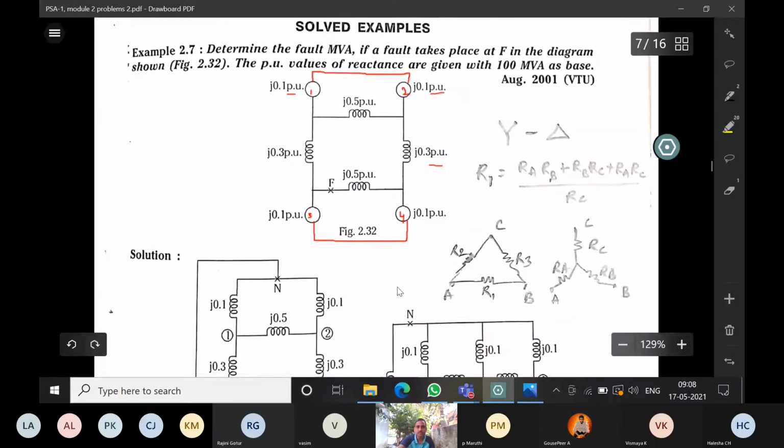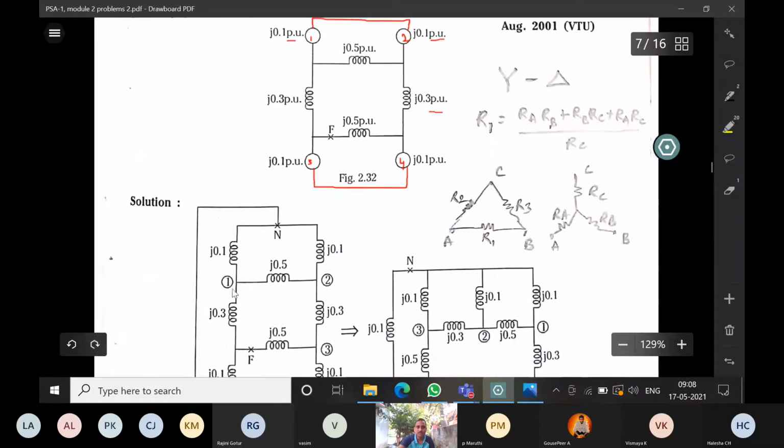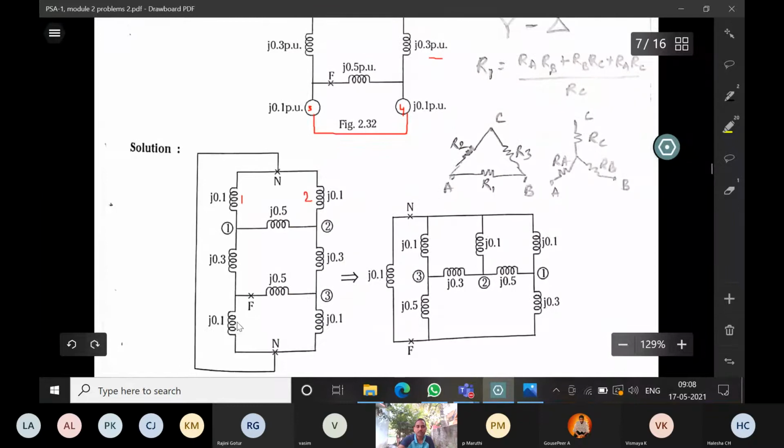Okay, so while writing the reactance diagram, we need to close this path, right? So like that. So this is generator 1, this is point 1, and generator 2 again point 1, generator 3 again point 1, and generator 4 point 1, right?